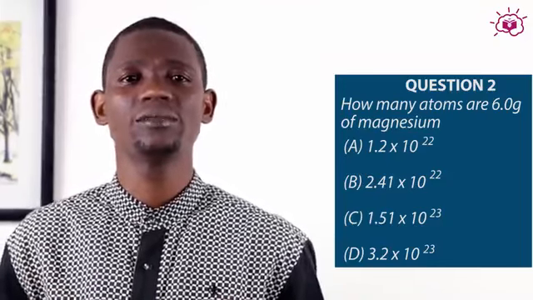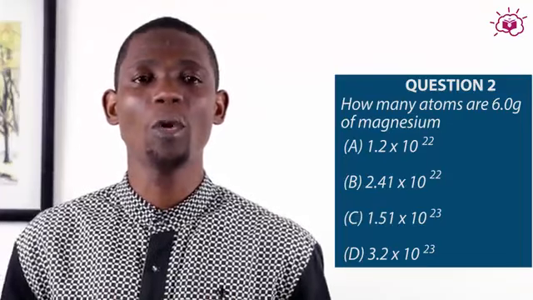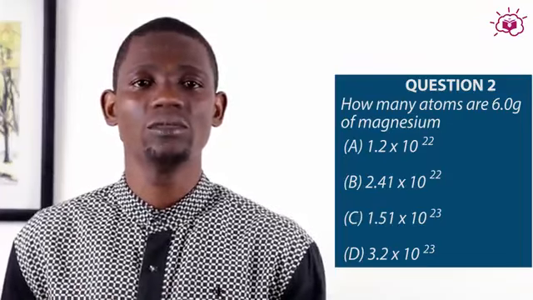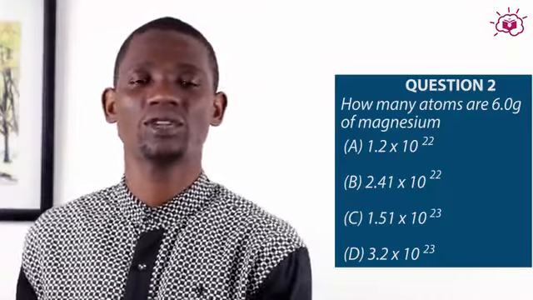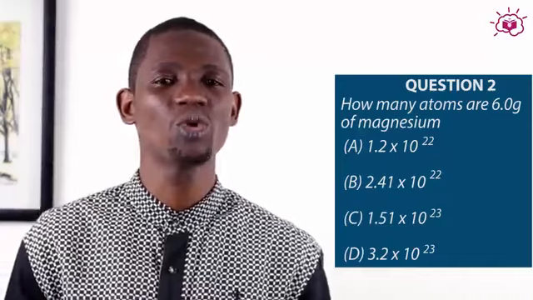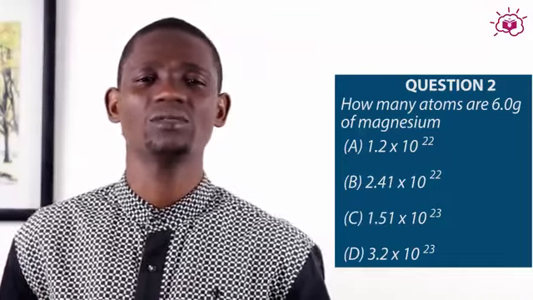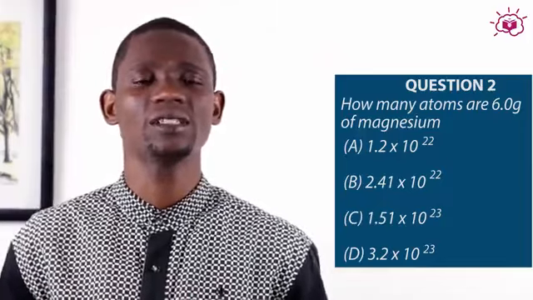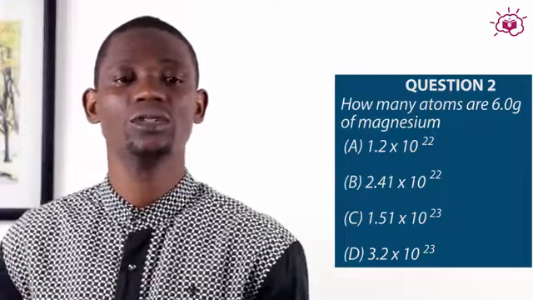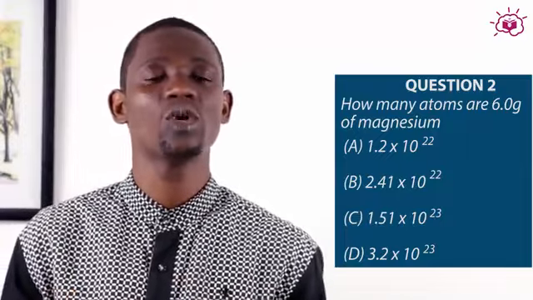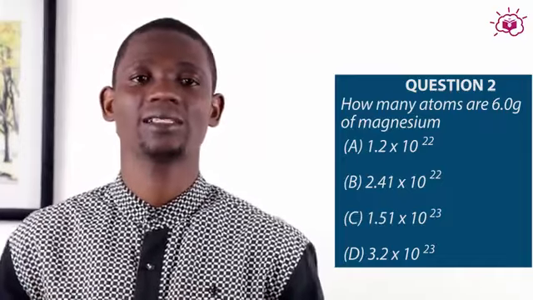To solve this is pretty straightforward. We know that 1 mole of magnesium contains 24 grams, as stipulated by relative atomic mass, and each mole contains 6.02 times 10 raised to the power 23 atoms. Hence, 24 grams will contain 6.02 times 10 raised to the power 23 atoms, whereas 6 grams will contain an unknown number, let's say x.